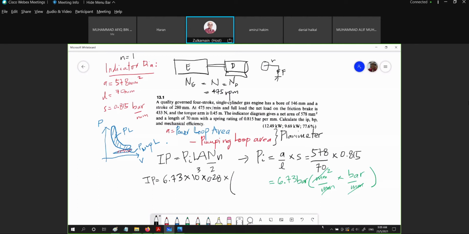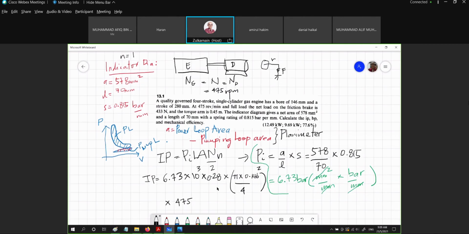D kita adalah 146, 0.146 divided by 4. Okay. And then kita ada N kita. N kita adalah 475 from RPM. Dia terus tukar kepada RPS. So maknanya kena divide by 60.